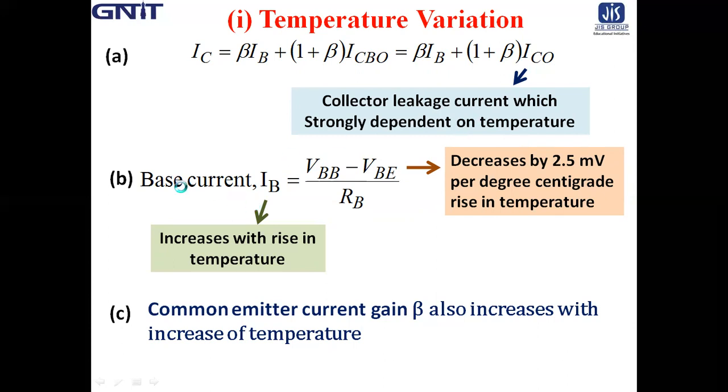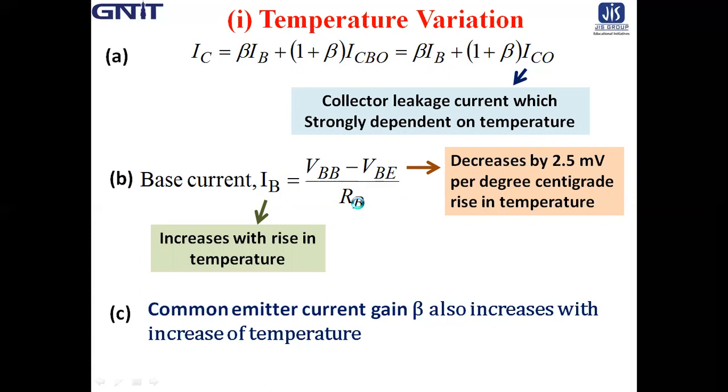Now the base current is also affected by the temperature. How? The base current IB is represented as (VBB minus VBE) by RB. The base supply voltage VBB and base resistance RB are independent of temperature.